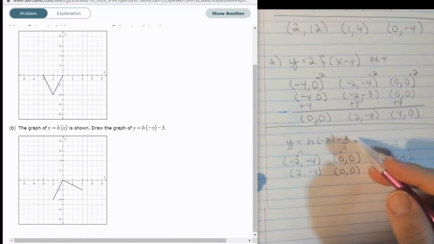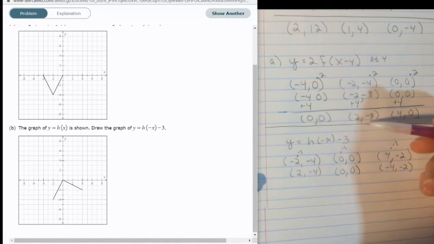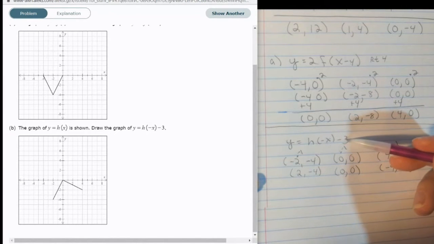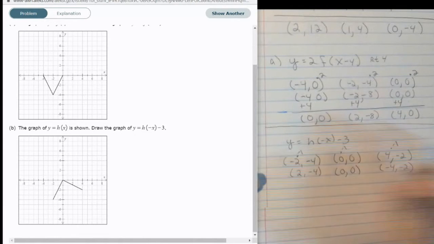The minus 3 moves down 3. That's your y, so it's going to move your y value down 3. You take 3 away from each of your y values.